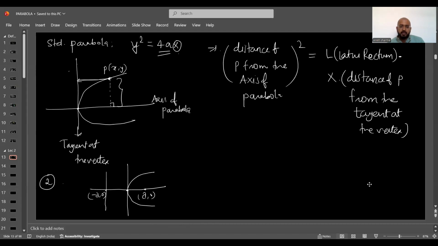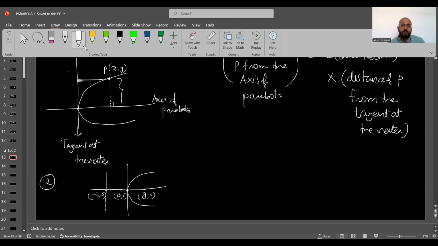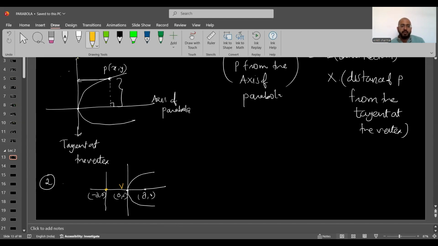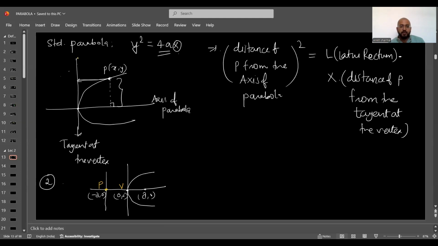That means the foot of the directrix on the axis of parabola, I'll call it point P, this is the vertex and this is the focus.